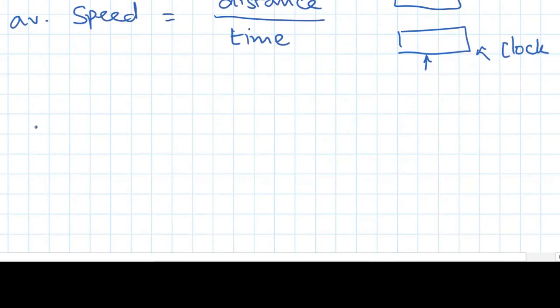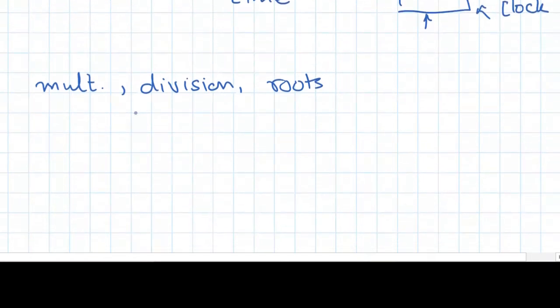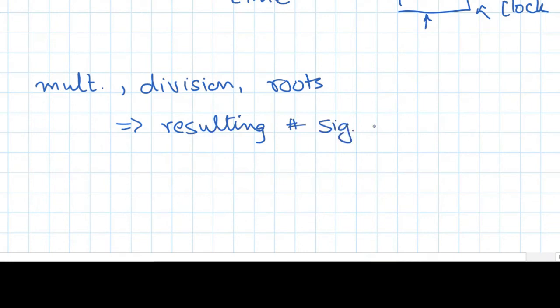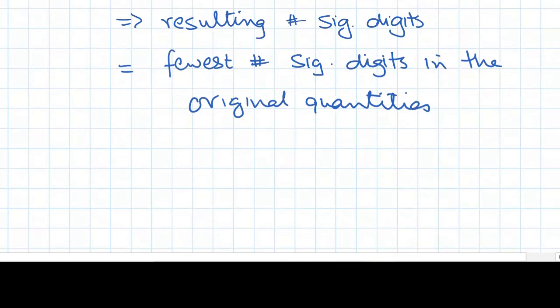So if you're doing multiplication, division, or taking roots, the resulting number of significant digits is defined by the fewest number of significant digits present in the quantities. So this is the first rule.